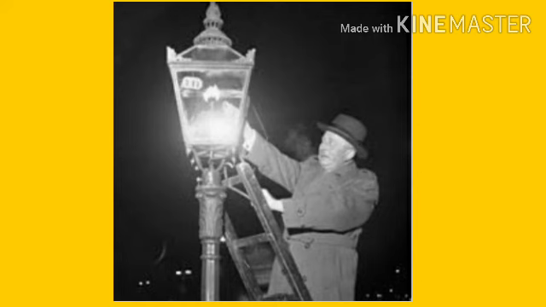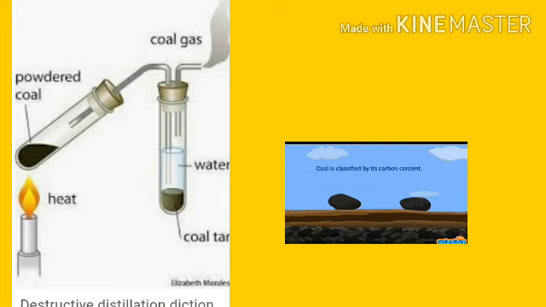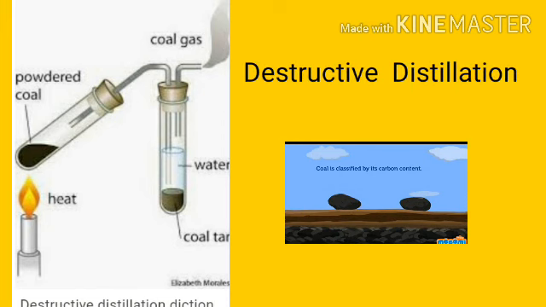It was used for street lighting in New York around 1820. Last, I want to tell you about destructive distillation, that is, the burning of coal in the absence of air so as to get all its useful constituents.